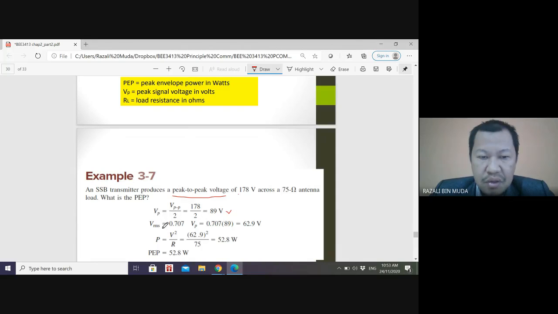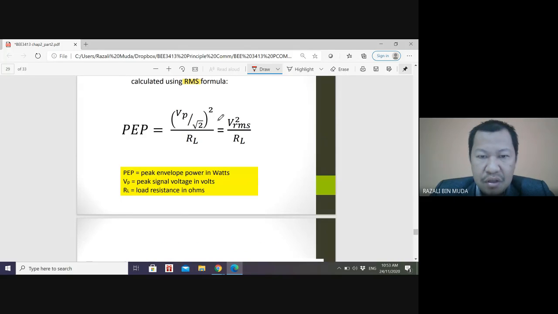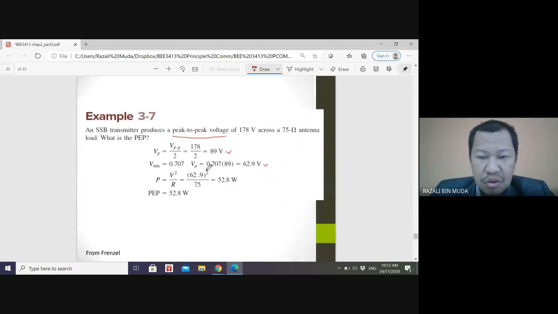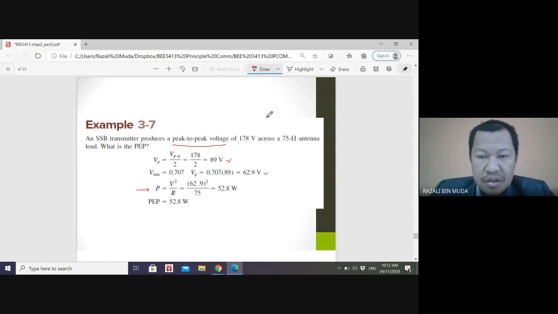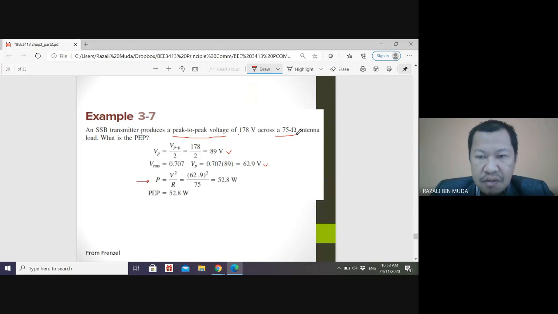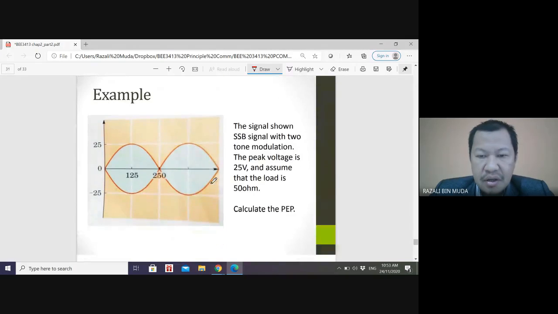From V peak you get VRMS: VRMS is V peak over square root of 2. Put this into the equation VRMS squared over R, with load resistance 75 ohm. So you get the equation, and now you get the answer.